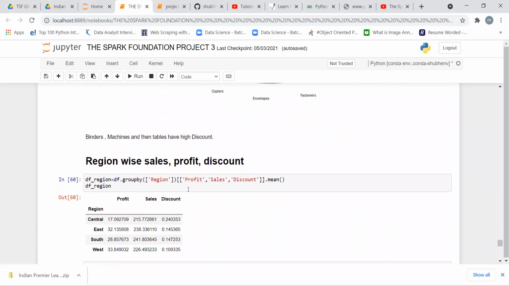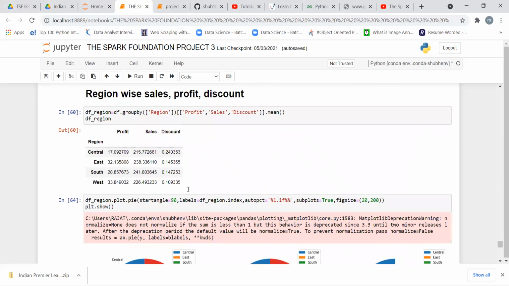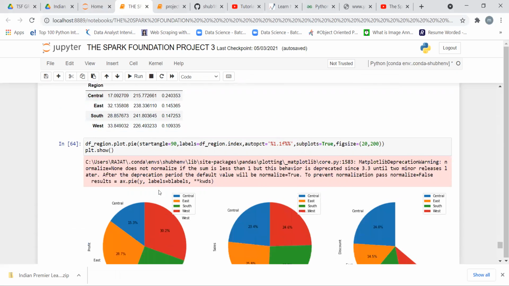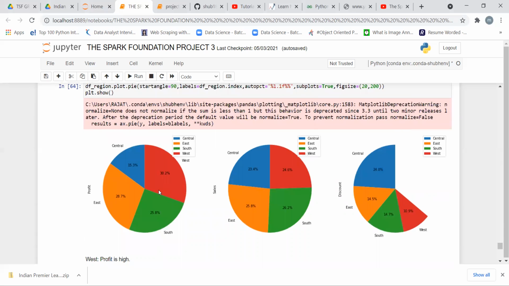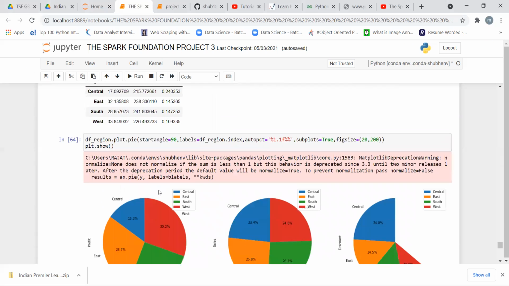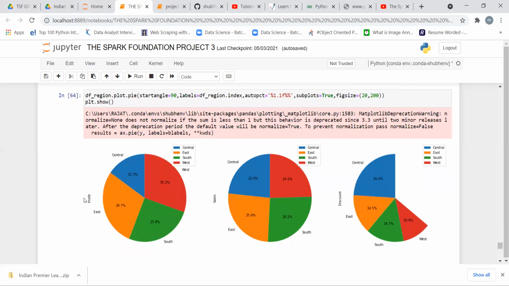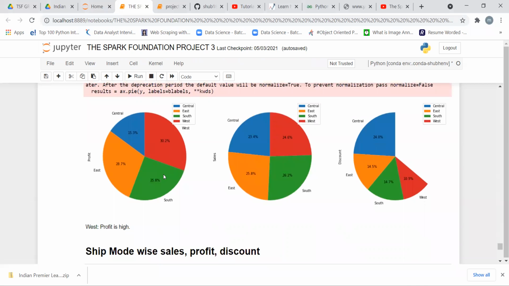Now we calculate sales, profit, and discount in terms of region. The regions in the data set are central, east, south, and west. Now we use a pie chart, with profit, sales, and discount with respect to the region.